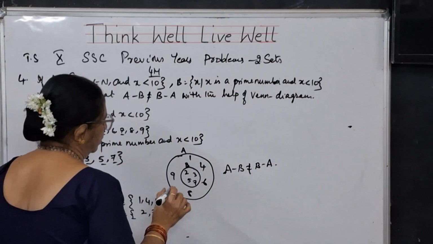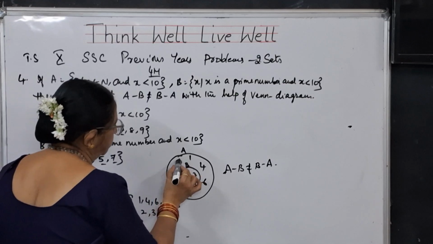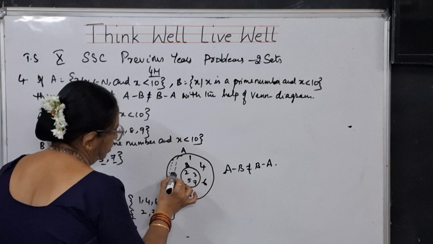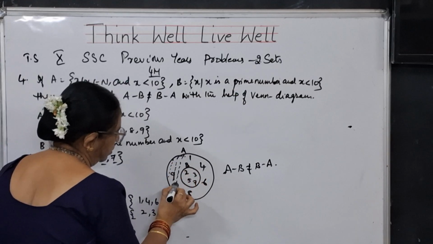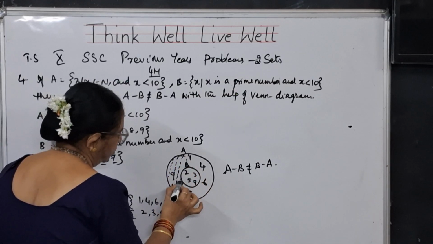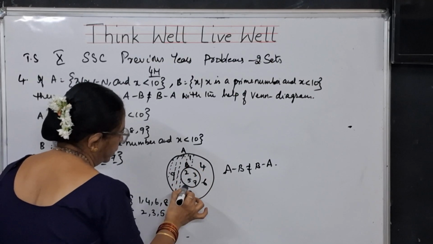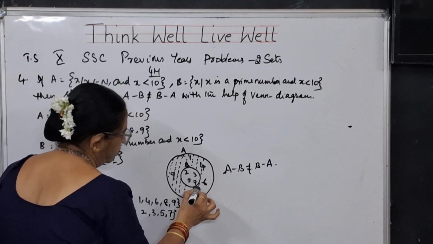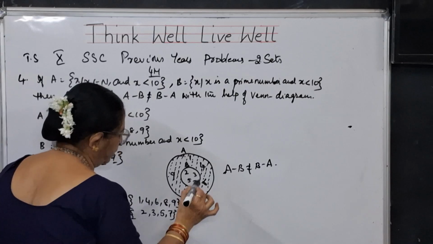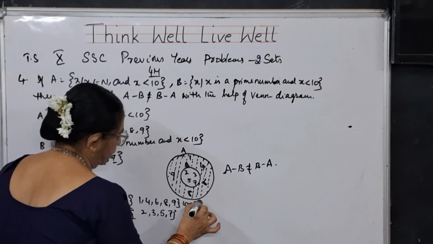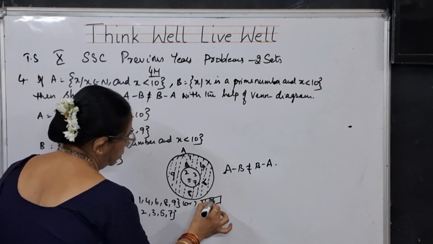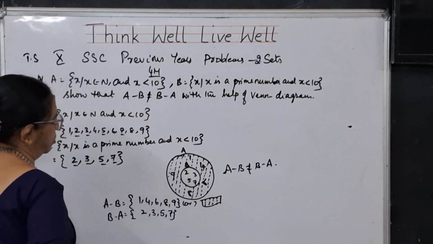Okay, children. If you want to shade them, you can shade like this. Suppose this is the shading that I am giving to A minus B. So in the form of shading, if you want to represent, A minus B can be represented by these shadings.